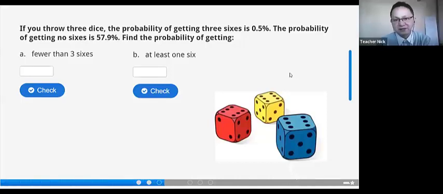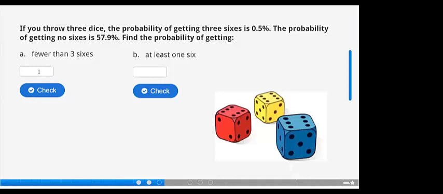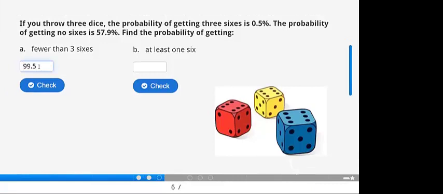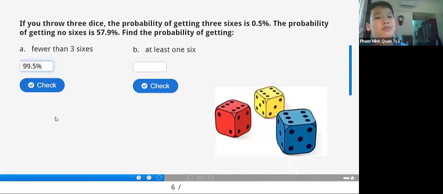How did you get 99.5%? Okay, let's check. 99.5%. I might be wrong though. They say the probability of getting 3 sixes is 0.5.